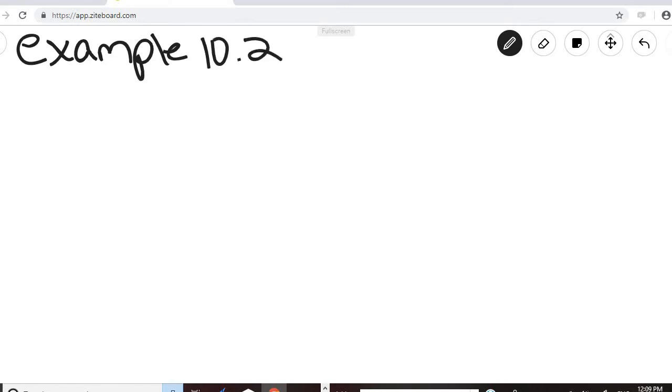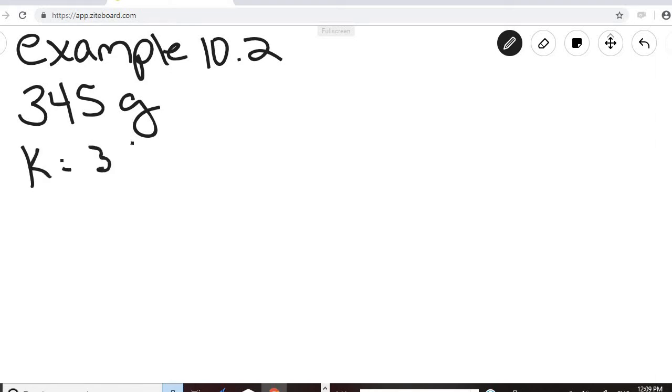So in example 10.2, we have a 345 gram mass and a spring constant of 35 newtons per meter. And we want to know what is the period of the spring's motion.